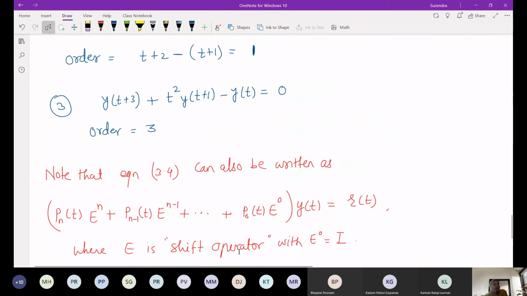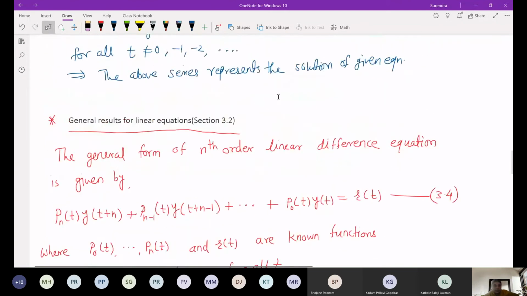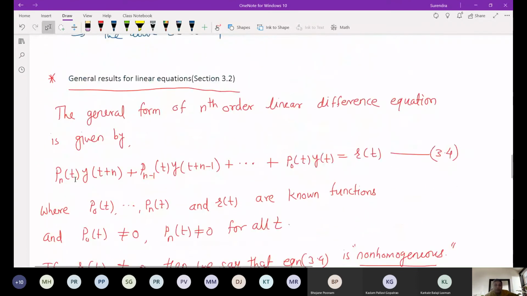So if I want to write this 3.4 in terms of shift operator, how I will write? Pnt. We know that y at t plus n is nothing but E raised to n of y at t, right? Pn minus 1 t as it is, y at t plus n minus 1 I can write as E raised to n minus 1 of yt.